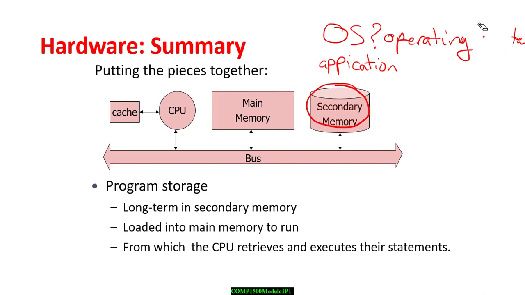Now our RAM will be holding all the temporary data that we are going to run in the computer. So this is our RAM, and this is our cache memory. Everything is connected through buses.